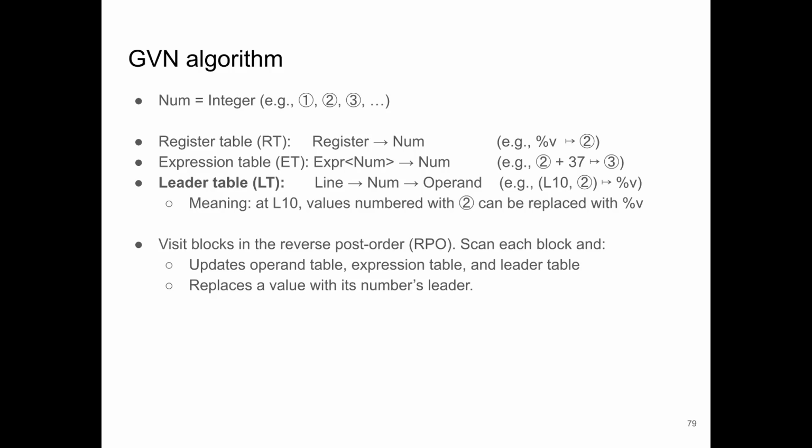In a complex control flow graph, there may not be a canonical notion of earlier or later, but using this RPO, we can quite precisely mimic the actual order of computation inside a program. So that's the reason why we are going to use RPO in scanning the blocks.